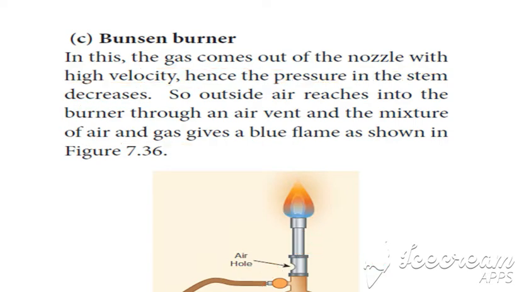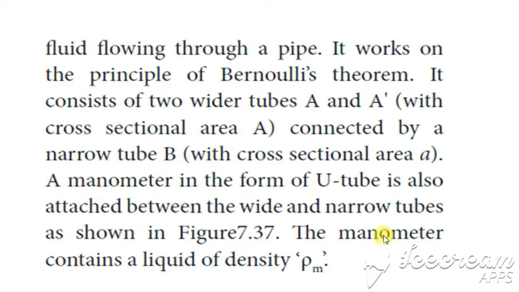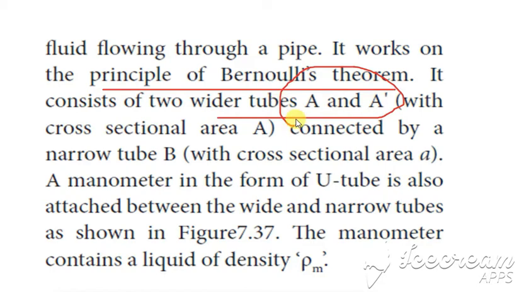Then next one is the venturimeter. This is a device which is used to find the rate of flow of an incompressible liquid flowing through a pipe. It also works on the principle of Bernoulli's theorem, and we consider two wider pipes A and A dash which are connected by a narrow tube.